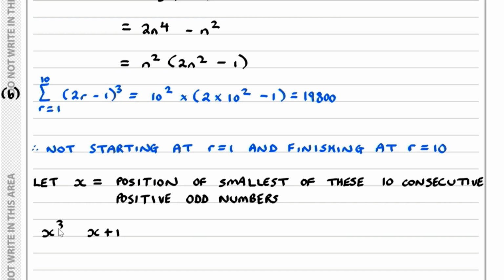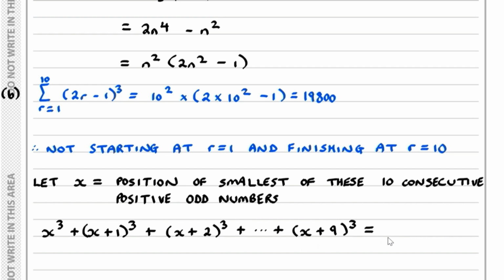Now we're cubing these as well and adding them together. The one after this, we've got x plus 2 cubed, and then we could continue. And the final term, we've got 1, 2, 3, and the 10th term will be x plus 9, all cubed. That's essentially what we're working out here.